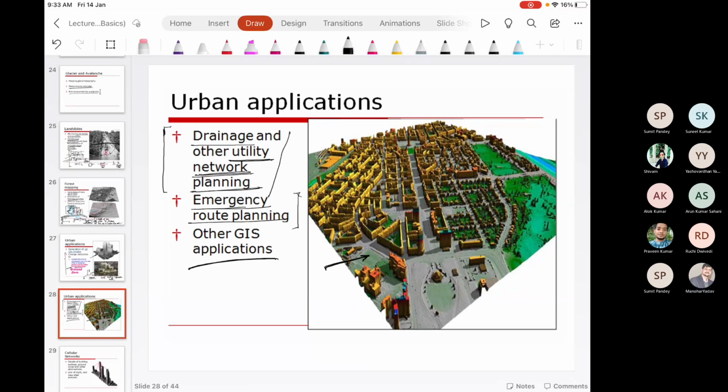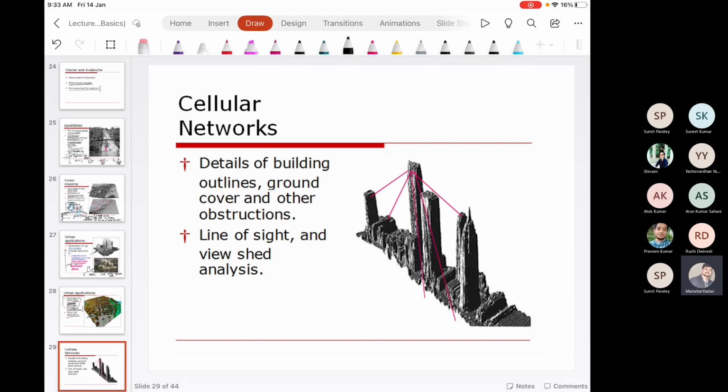Even you'll see further the transmission lines and power lines. In our scenario, like if you see in Allahabad or in your city, at many places these power lines are encroached by the trees.